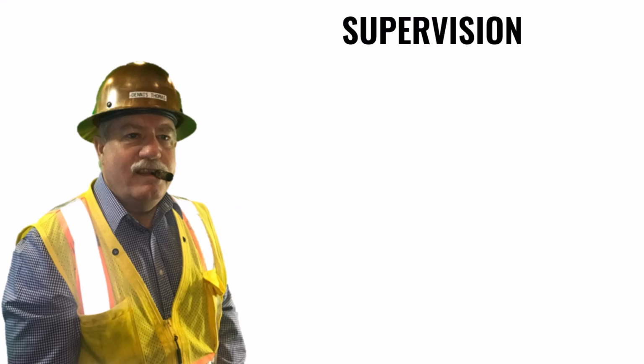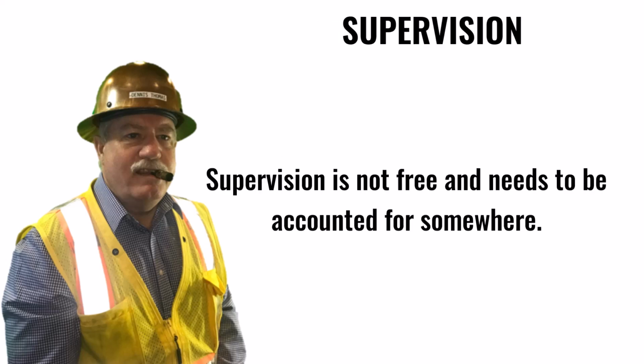Here's my point. Supervision is not free and needs to be accounted for somewhere. If supervision is not included in the labor unit, it must be accounted for somewhere else, and you need to be sure your company has included it so you can bill your supervision time against it.